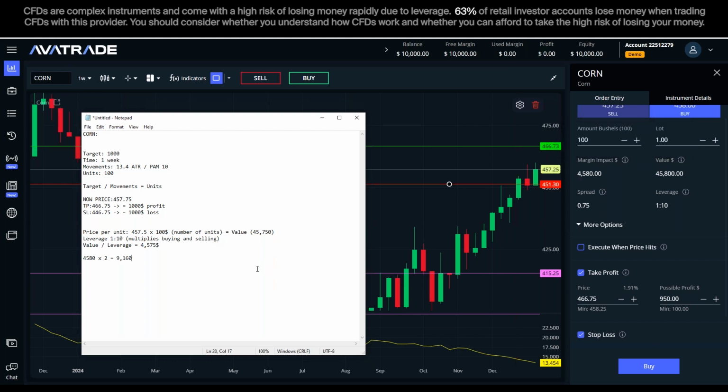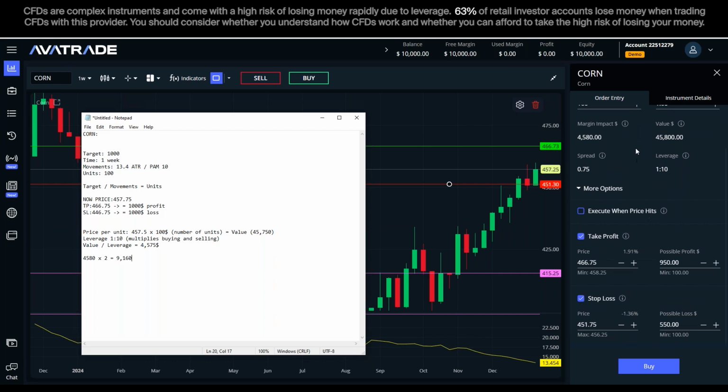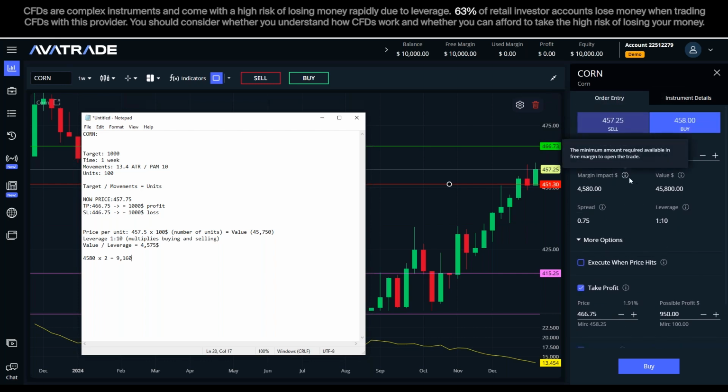So before you open the position, make sure you see the necessary margin, and also check the margin that you are at right now with your current positions. Because if you take too many positions and you don't have enough margin in your margin level, the platform will start closing your positions until you have the necessary margin.